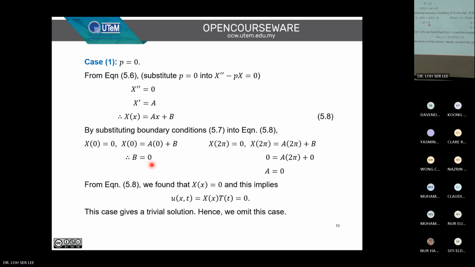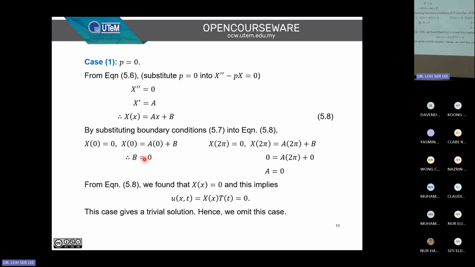Do you get it? Next we apply this other condition. When lowercase x is 2π, your uppercase X is 0. So a·2π + b equals 0.